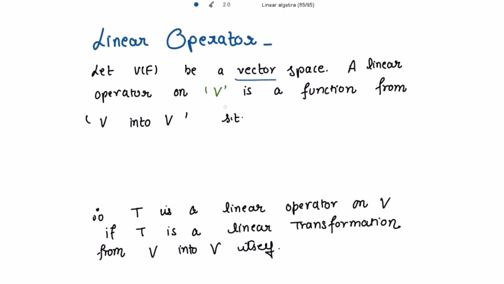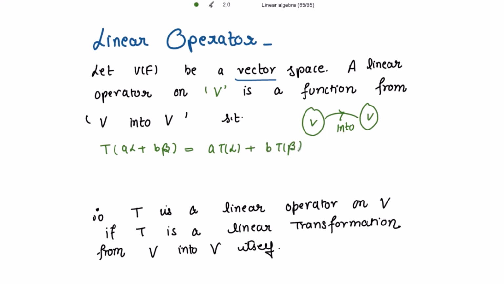A linear operator on V is a function from V into V, the vector space into itself, such that T(aα + bβ) is equal to a·T(α) + b·T(β) for all α, β belonging to V and for all a, b belonging to F. V is a vector space over the field F, so the scalars always belong to the field F.